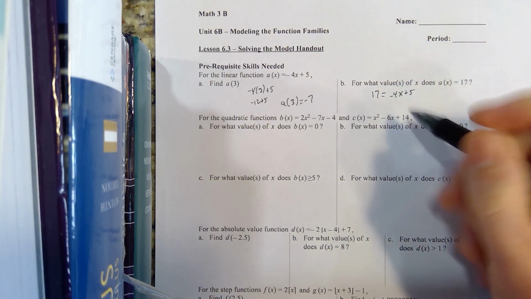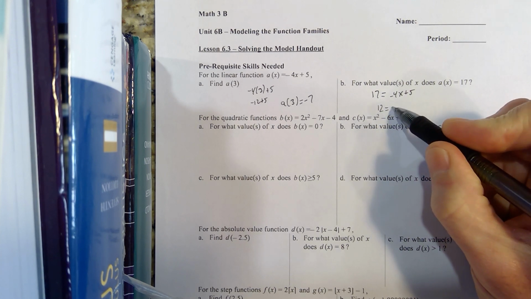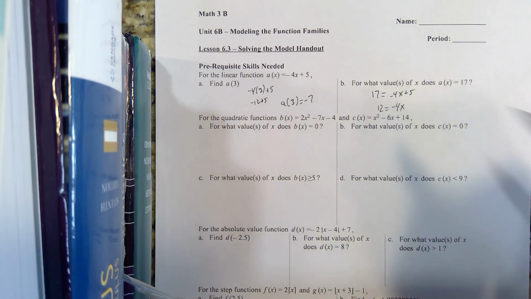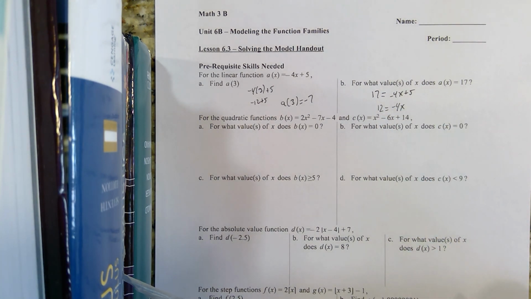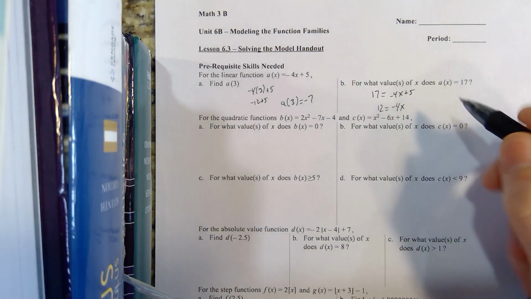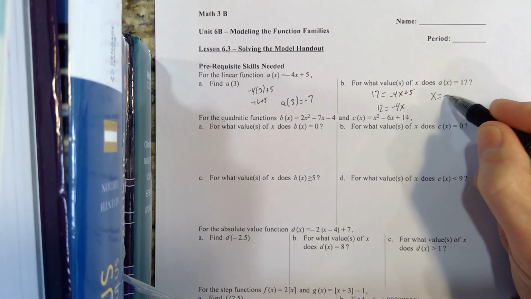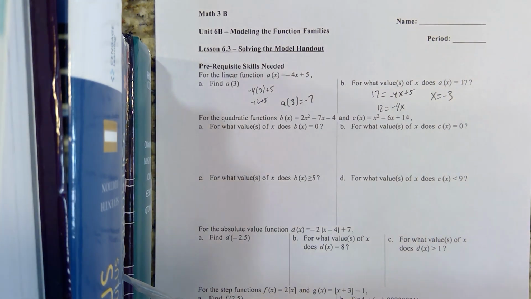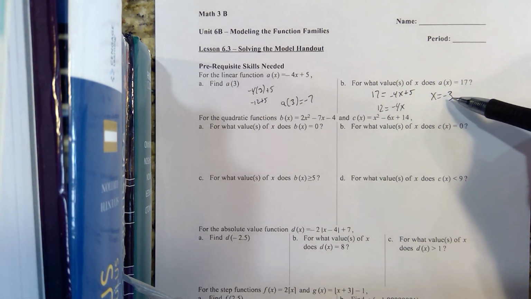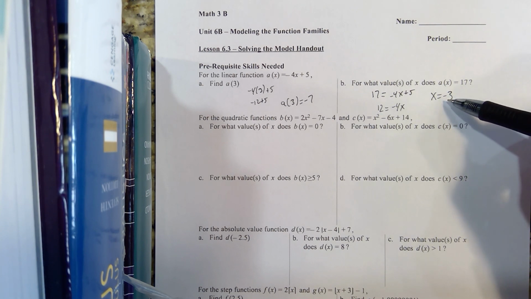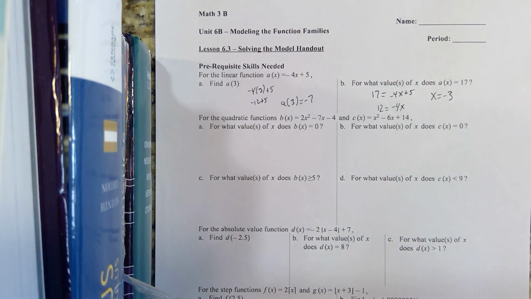So subtracting 5, I find that the input must be -3. And again, you can think of that as an ordered pair. When x is -3, y is 17, or an input of -3 yields an output of 17.